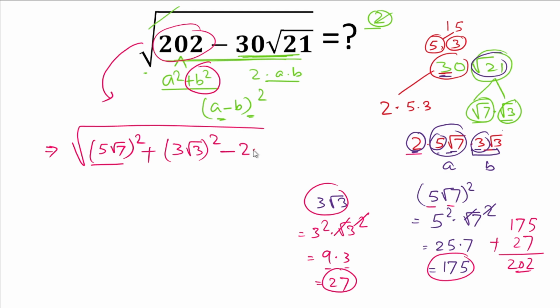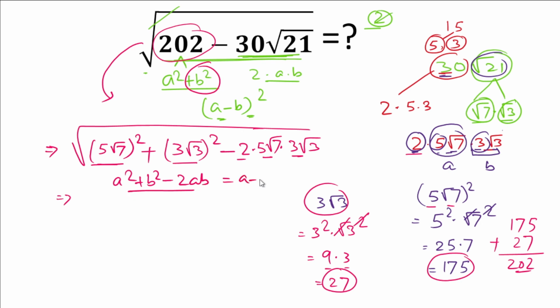It is 2 multiplied by 5 square root 7 times 3 square root 3. So now if you look at it, it is a squared plus b squared minus 2 times a times b.